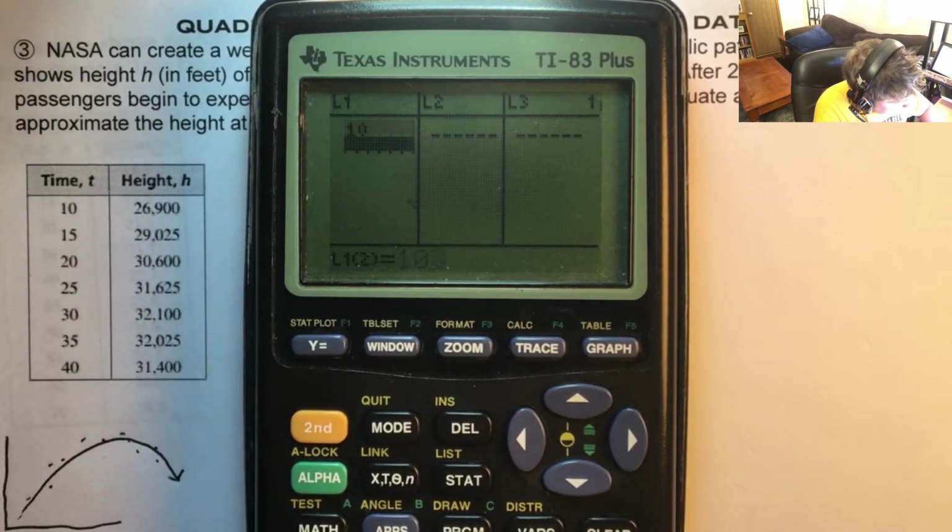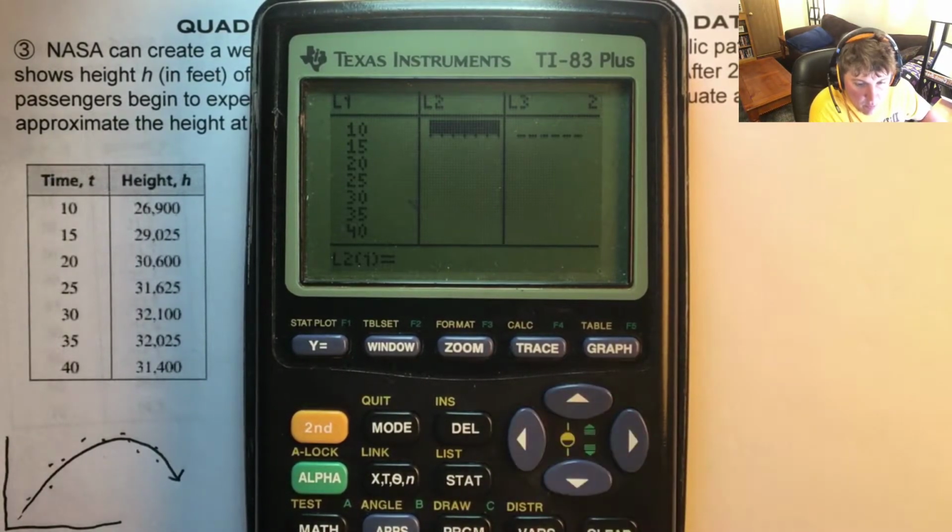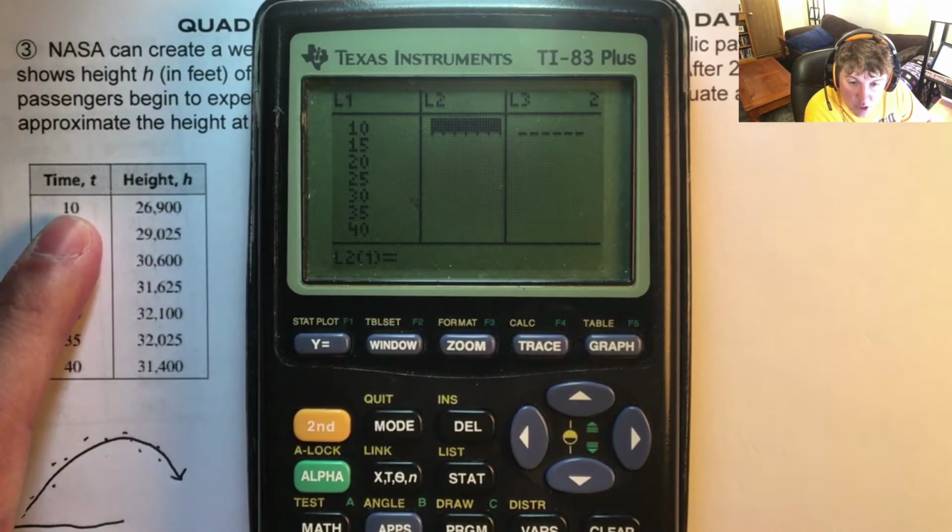In list 1, let's go ahead and put in all of the times. So I'm going to have 10, 15, 20, 25, 30, 35, 40. And then I want to match the heights with the corresponding t value for time.